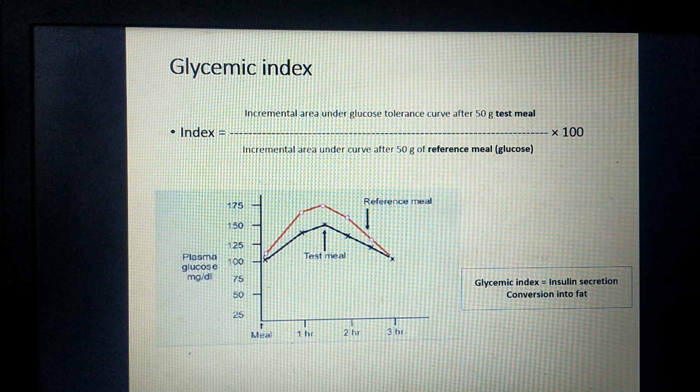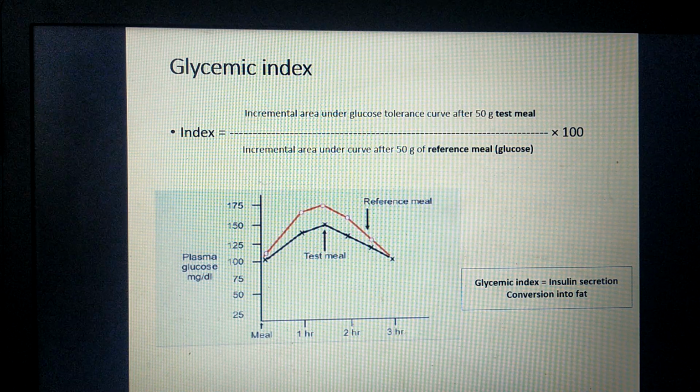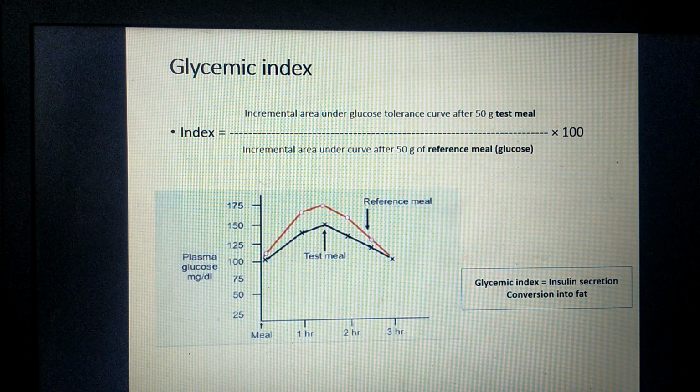On the next day, we will give 50 gram of food item, which is called the test meal. The 50 gram of glucose which you gave the previous day is called the reference meal, and the food item whose glycemic index we want to test is given in the same amount, that is 50 gram, and again the same procedure is repeated.